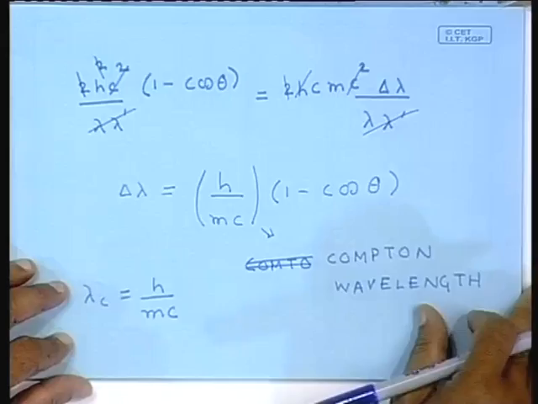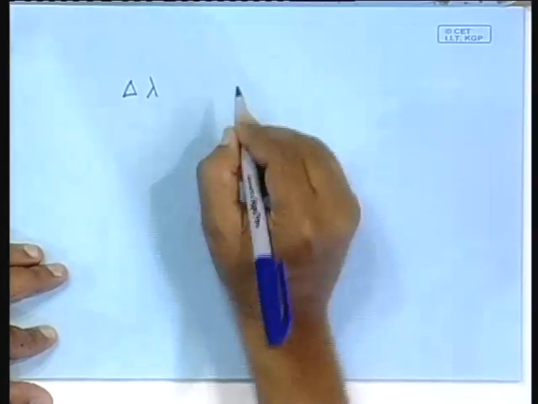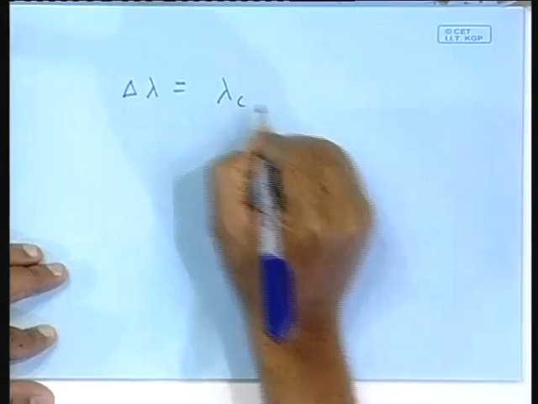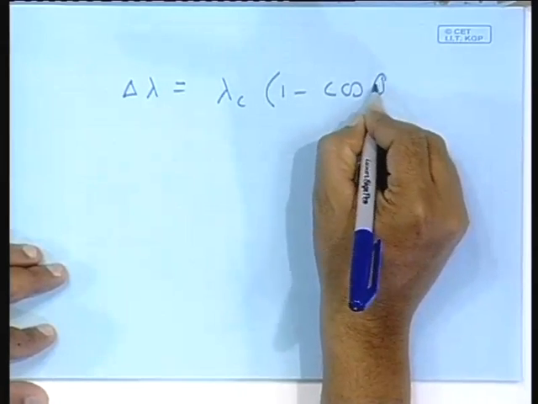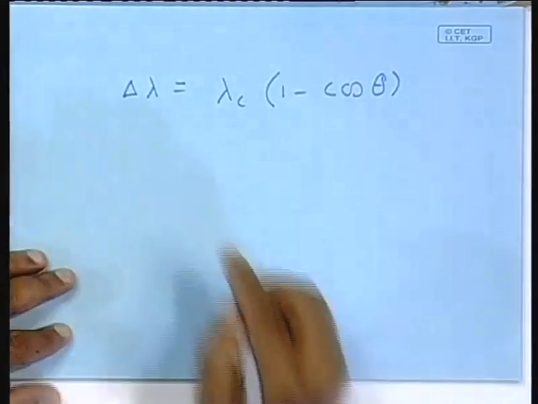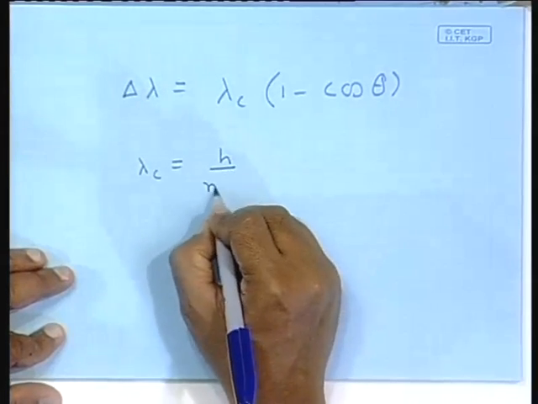In brief, what you could write is that delta lambda, the change in the wavelength, is the Compton wavelength into 1 minus cos theta, where the Compton wavelength is h by mc.